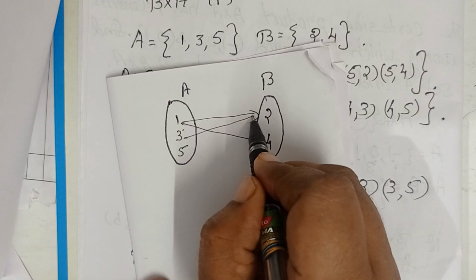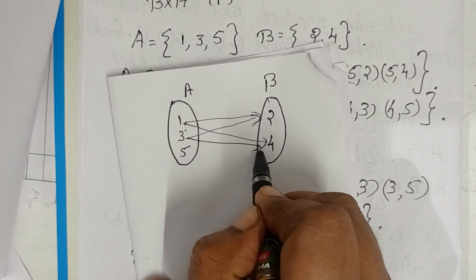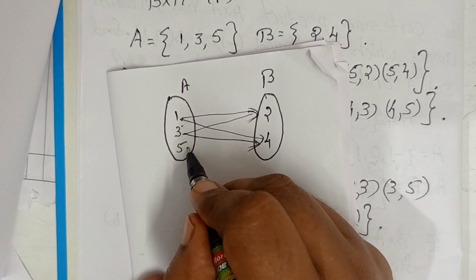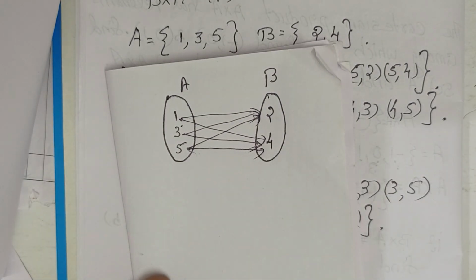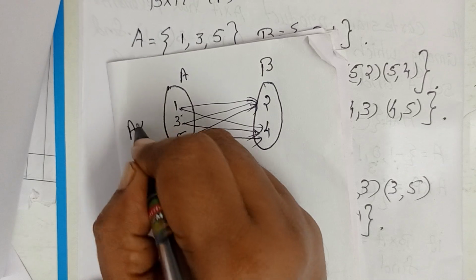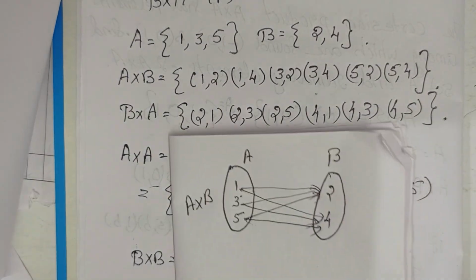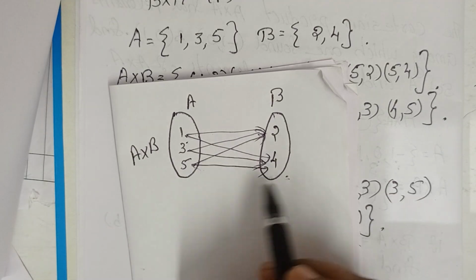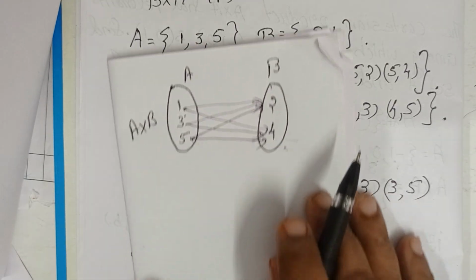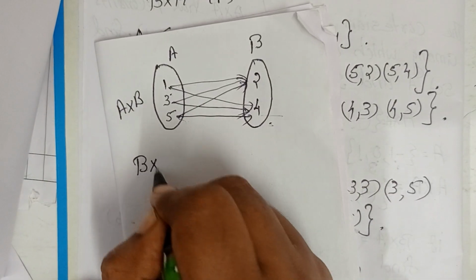Then 3, 2, 3, 4. 5, 2, 5, 4 അല്ലേ? This is A cross B. 1, 2, 1, 4. 3, 2, 3, 4. 5, 2, 5, 4. Then how can you draw B cross A?